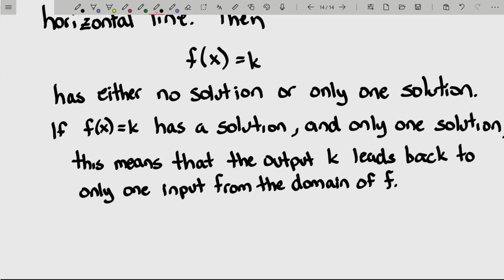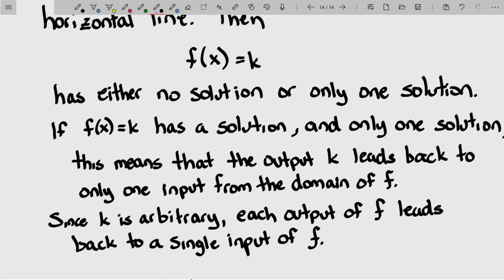Since k was arbitrary, this means each output of f leads back to only one input. And I've summarized that down below in that sentence. Since k is arbitrary, each output of f leads back to a single input of f.